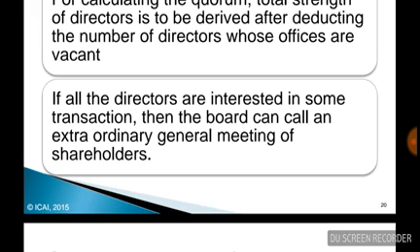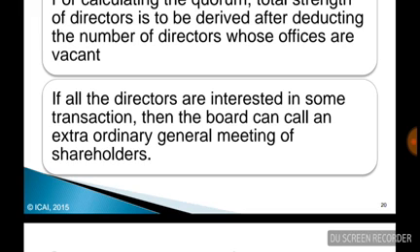If the interested director won't disclose his interest, then the company can cancel the contract if it has entered into one with these types of companies or firms. So it is at the company's own discretion whether to continue or to cancel the contract.